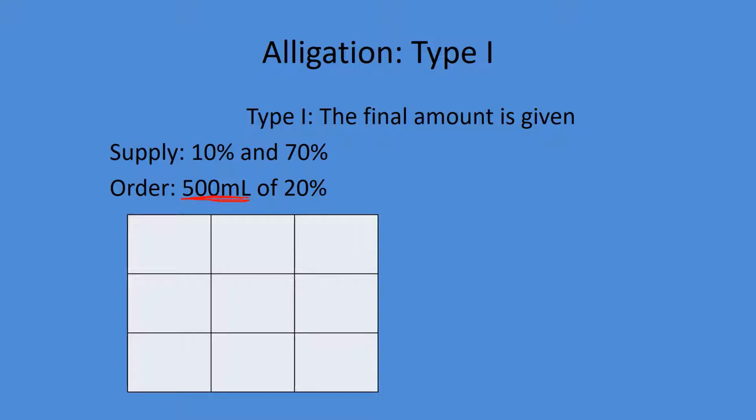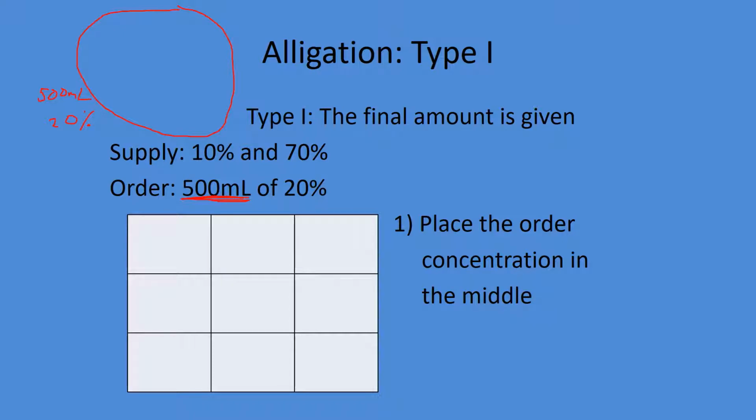So we have our two supplies, 10% and 70%. Our order concentration is 20%, and our total volume is 500 mLs. So we'll need to make 500 mLs total, and the final resulting concentration is 20%.